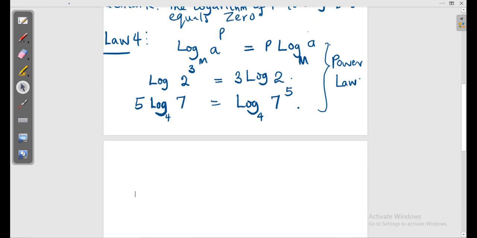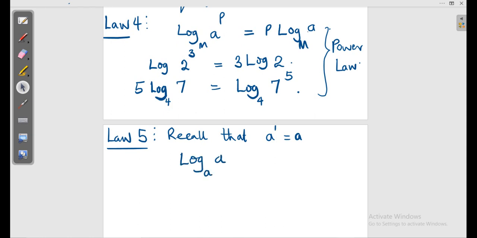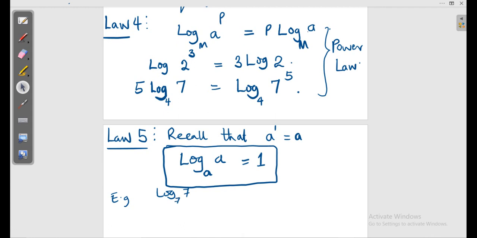Can we look at one more law before we take a few examples? Now, we can recall that a raised to power 1 is a. So what that rule tells us is that the logarithm of a number to the same base is always 1. For example, if I say log 7 base 7, it will give me 1.